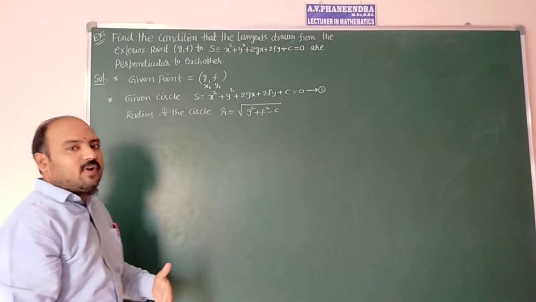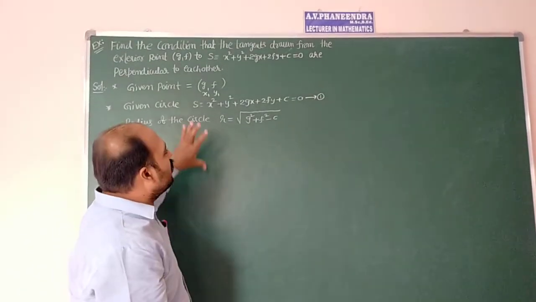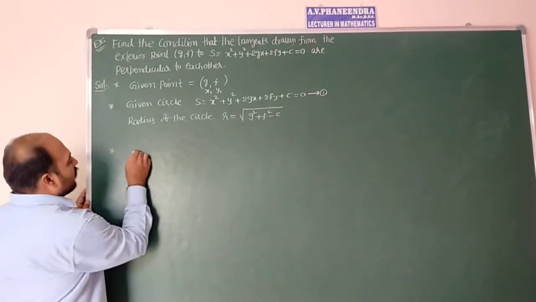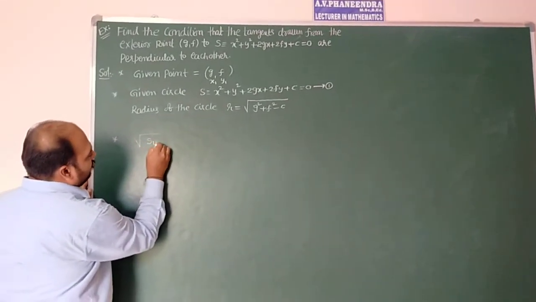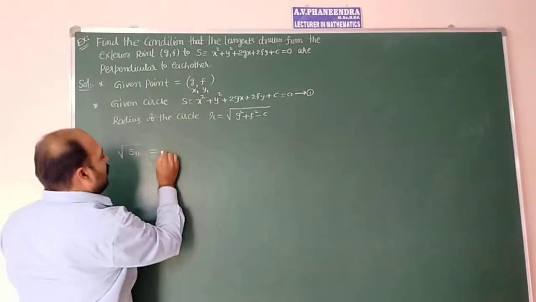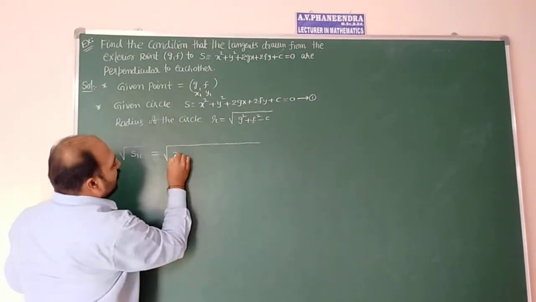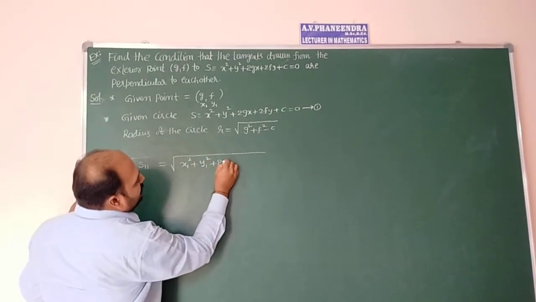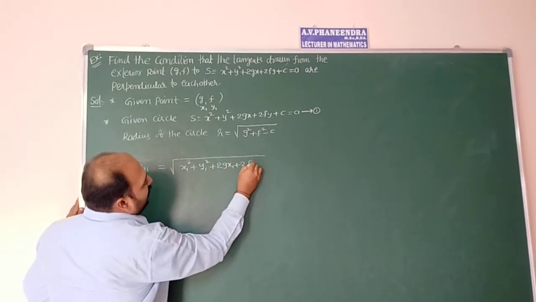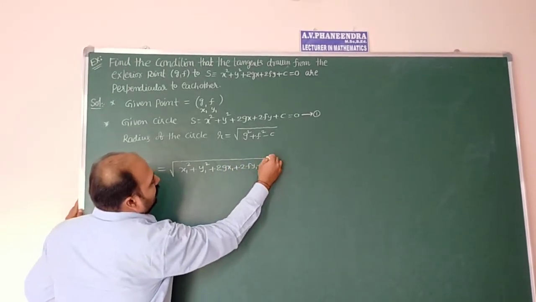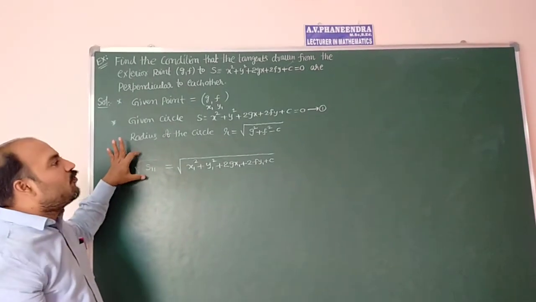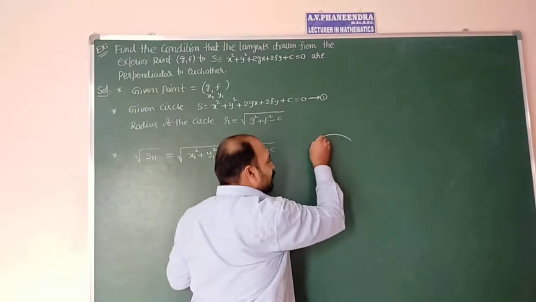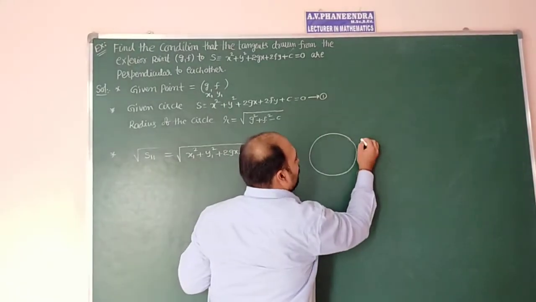Next, root S11 also we have to calculate. Why? Because we know the formula of angle between the tangents. For that, root S11. So according to the circle, S11 becomes x1 square plus y1 square plus 2gx1 plus 2fy1 plus c. But S11 from which point we have to calculate? So now draw the diagram. This is the circle, S equal to 0.